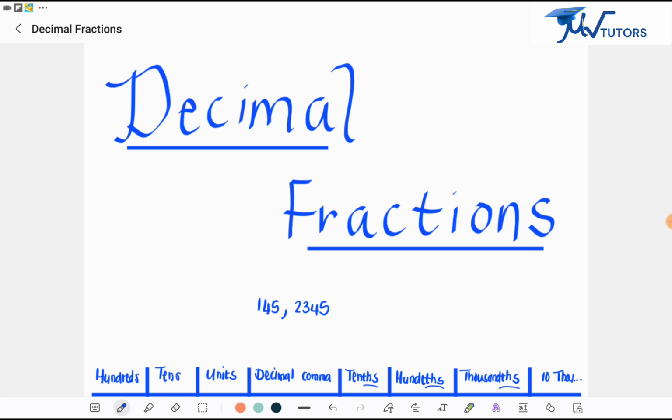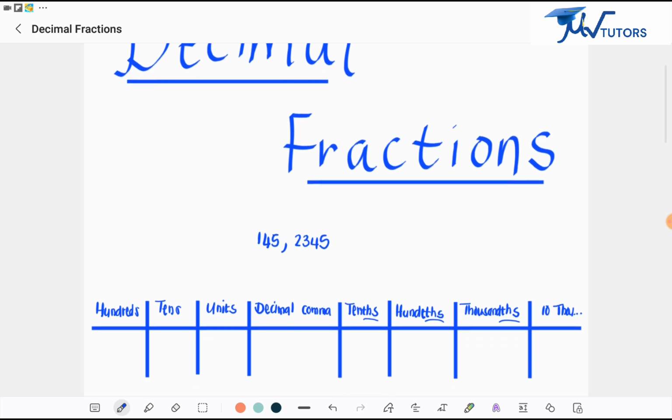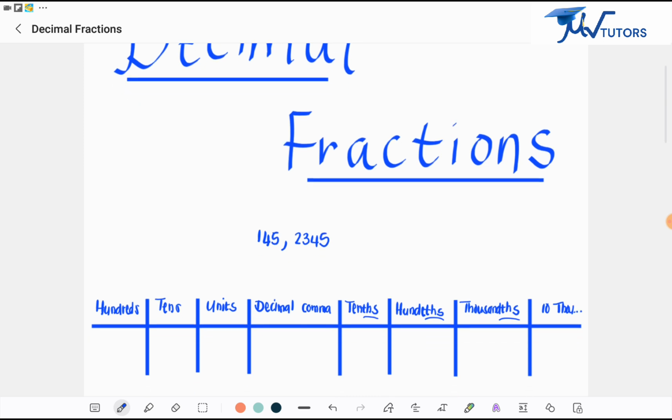How do we basically account for each number in this decimal fraction? How would we describe what that number is? Okay, so basically when it comes to the hundreds, we have 100 over there, so it's just going to be 1. When it comes to tens, it will be 40. When it comes to units, that's 5. Then we have our decimal comma, and then our tenths with the TH, that's 2.